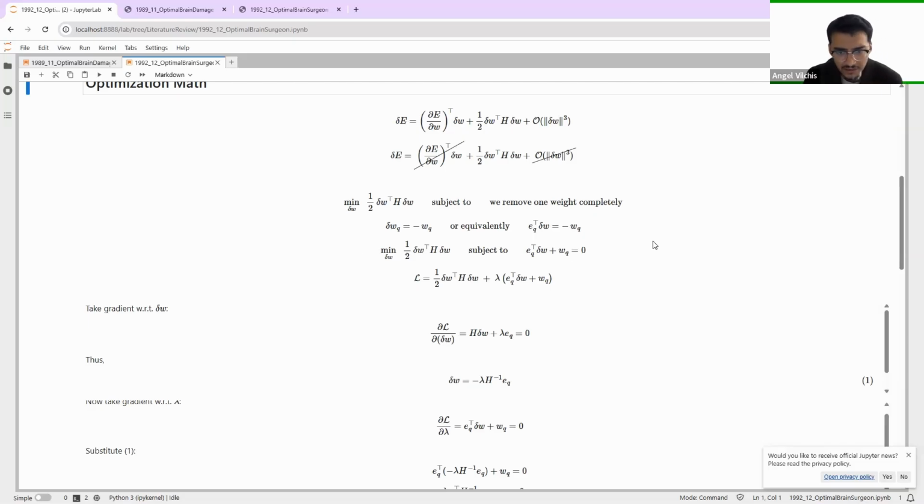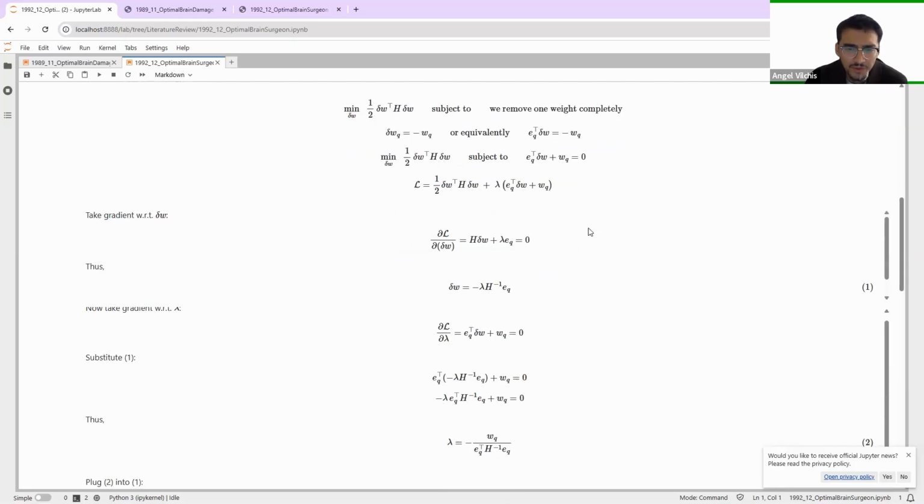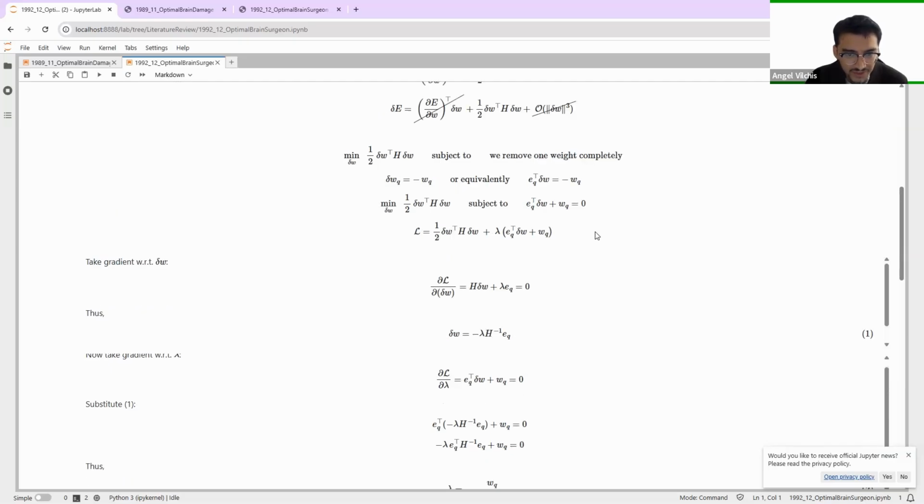We can use the Lagrangian, which is just a way to solve constrained optimization problems, where it uses the idea that the gradients of the main function and the constraint will be pointing in the same direction at an optimum.